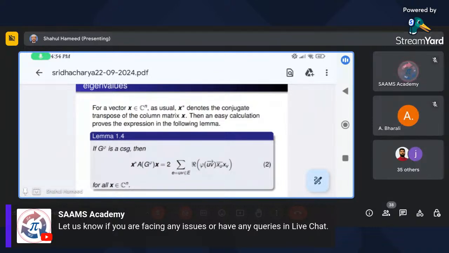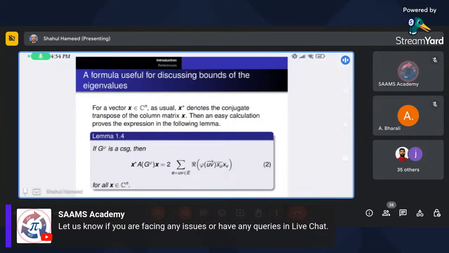It is not oriented edges, just one edge; the 2 comes because we have already taken into consideration the other direction, VU. So it is the real part of phi of UV into x_U conjugate into x_V. This is how that expression looks.